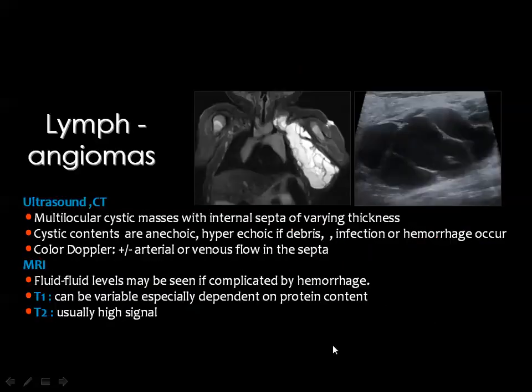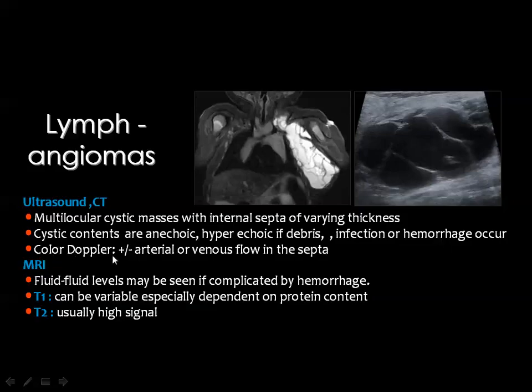This lymphangioma is also known as cystic hygroma, and on ultrasound it appears multilocular with hypoechogenicity and maybe acoustic enhancement due to cystic changes. Sometimes you get hyperechoic internal echoes due to debris, infection, or hemorrhage.